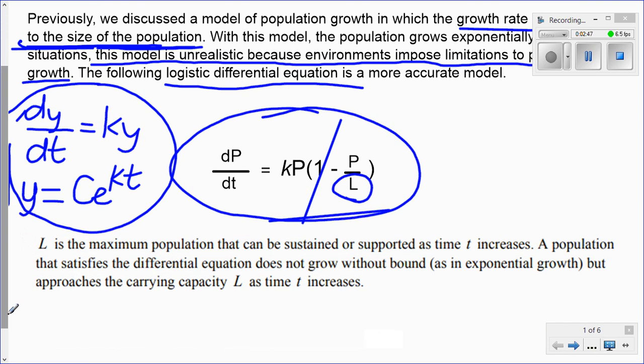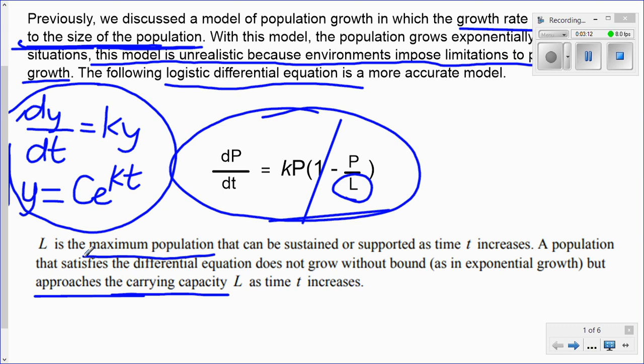A population that satisfies the differential equation does not grow without bound as in exponential growth, but approaches L, which is called the carrying capacity, as time increases. Okay, so again, L is the maximum population that can be sustained or supported by the environment.